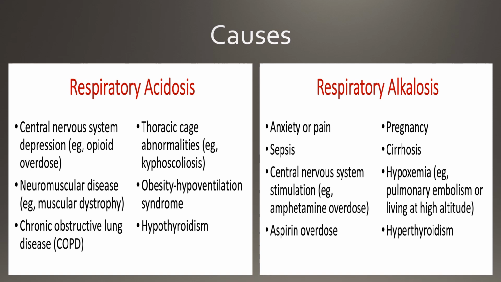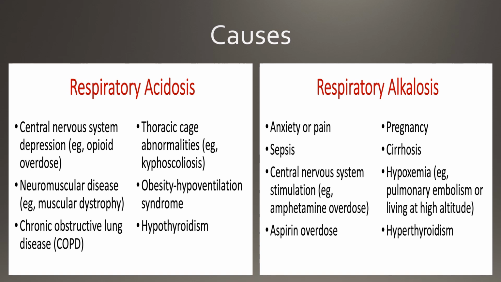Thoracic cage abnormalities like kyphosis, scoliosis, obesity-related hypoventilation syndrome, and hypothyroidism. Now, with the thoracic cage abnormalities, if they have chronic COPD or emphysema, their abnormality may appear to be a barrel chest.